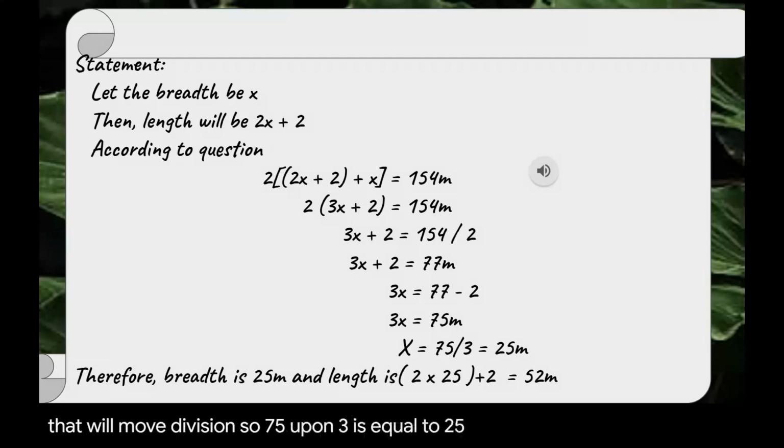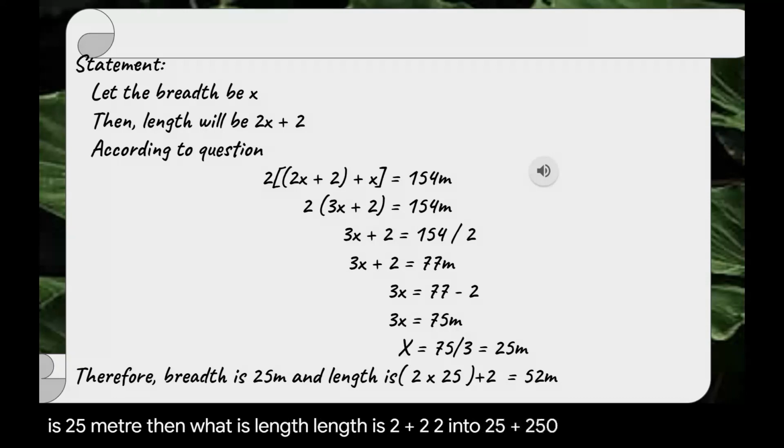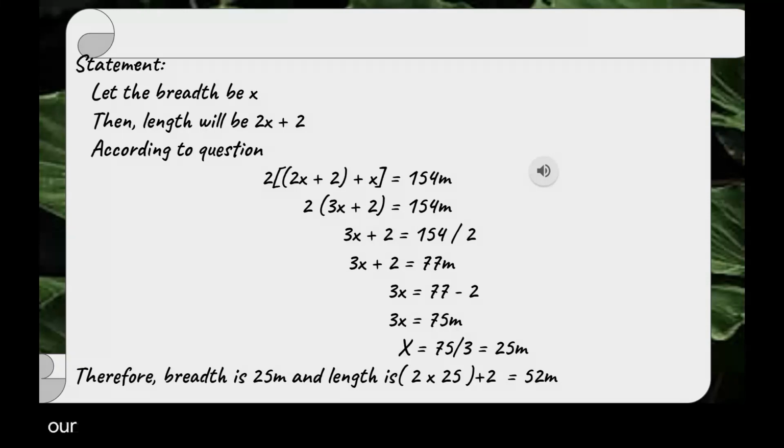So the value of x, meaning our breadth, is 25 meters. Then what is length? Length is 2x plus 2. So 2 into 25 plus 2, 50 plus 2 is equal to 52. Therefore our length is 52 meters and breadth is 25 meters.